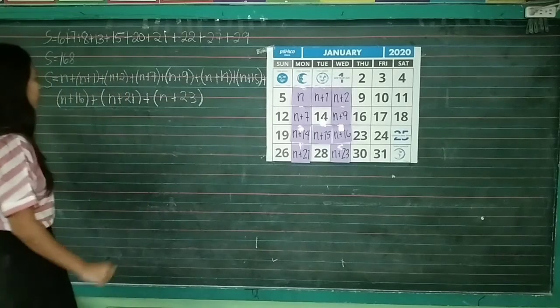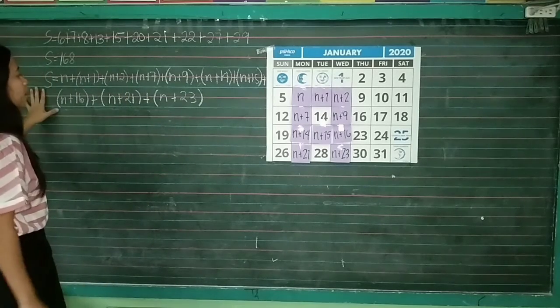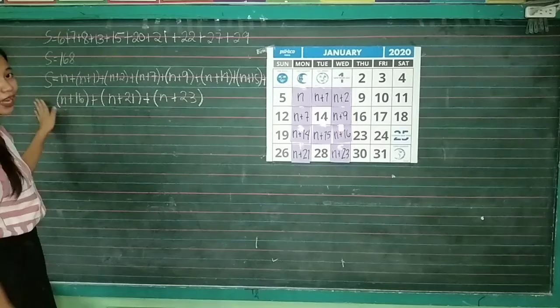So, to get the general formula, we simply combine like terms.